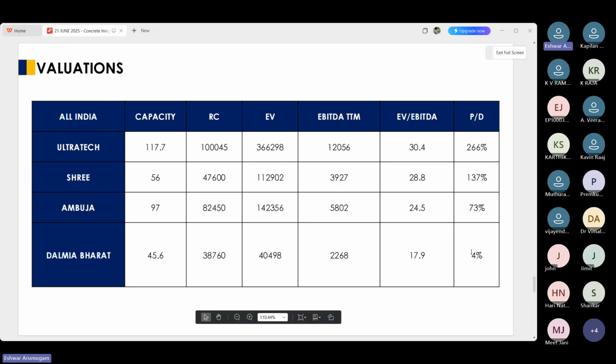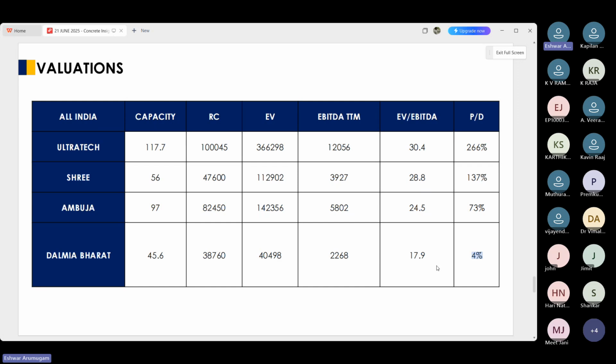Dalmia Bharat is trading at a reasonably lower premium to its replacement cost. This is because the South and East markets, South known for its very bad pricing as we talked about, contribute 70% of their capacity. That is the reason why the market is pricing in a lower EV/EBITDA for the company.